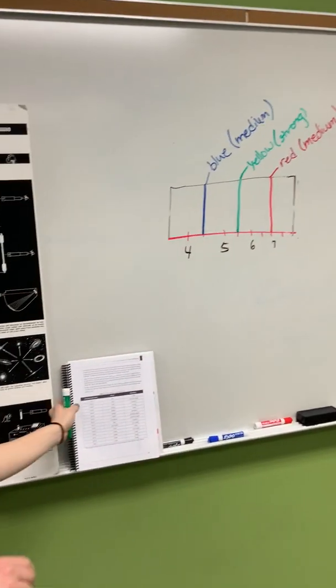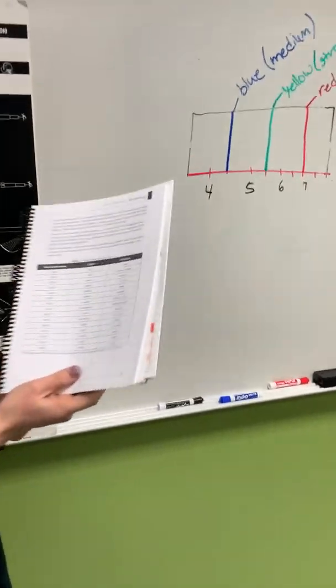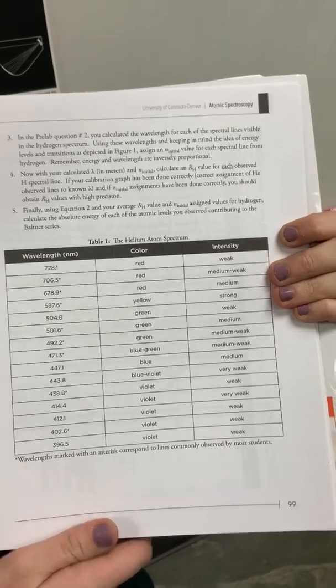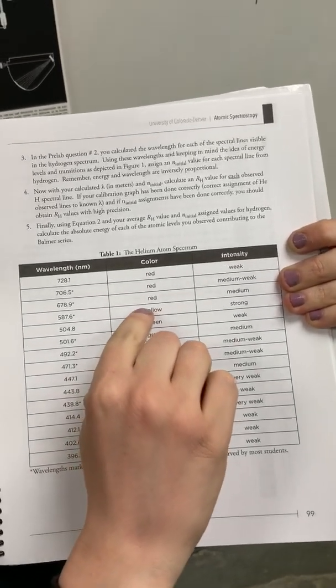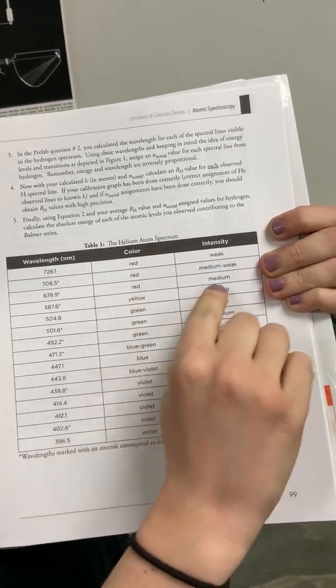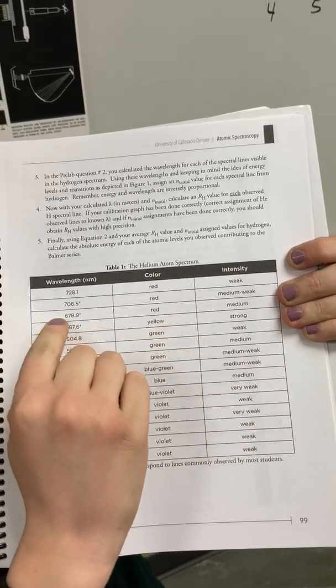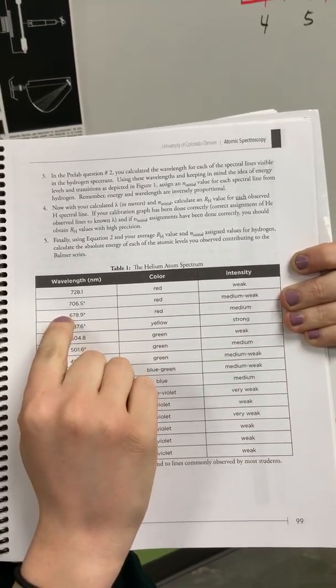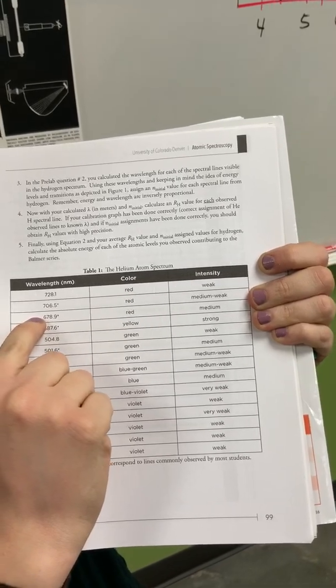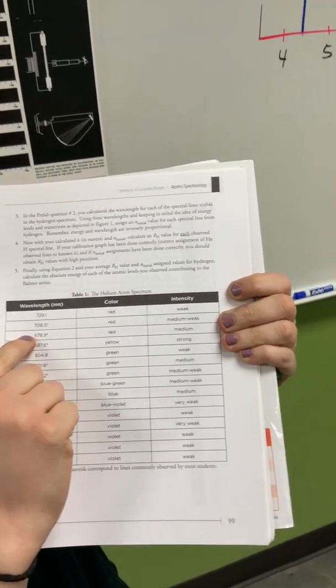Wonderful. So then we can come to page, I believe it's 99 in your lab manual, and we look at this table. And where we saw red that was medium, we know that that correlates to 678.9 nanometers. So that is the wavelength of that light that's given off.